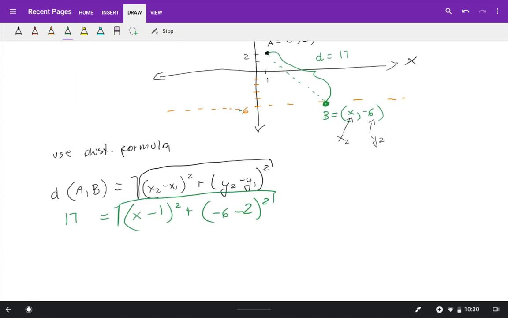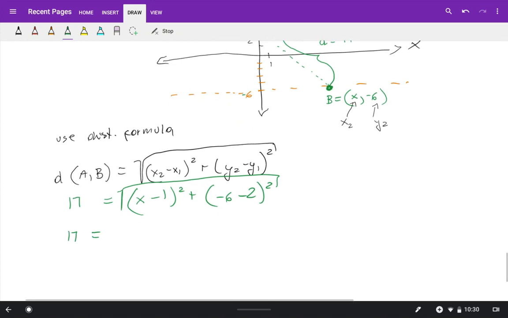So let's simplify. We have 17 equals square root of x minus 1 squared plus negative 6 minus 2, that's negative 8 to the second power, plus 64.